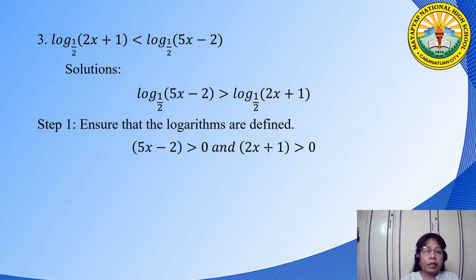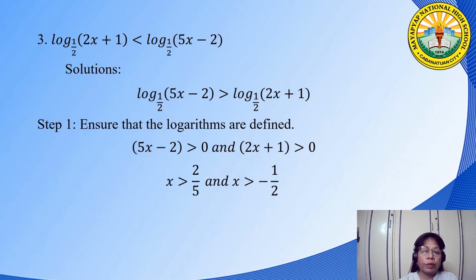Since they have the same base, you apply property 2, where the base 1/2 is less than 1. So we have 5x minus 2 greater than 0 and 2x plus 1 greater than 0.